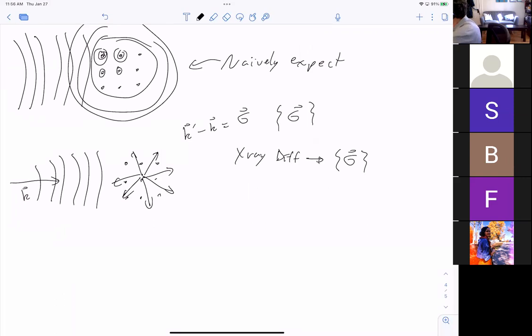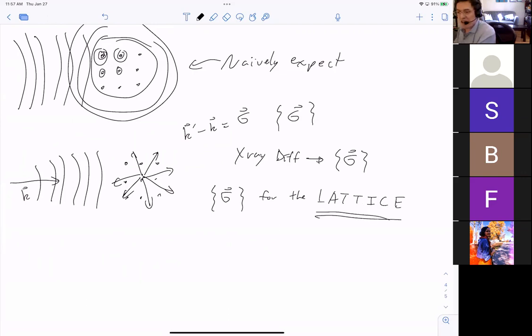Okay, let's continue with this. There's a really important point, which is that when we talk about G, we're talking about G for the lattice, meaning the periodicity of the crystal. But remember, this is what I mean.